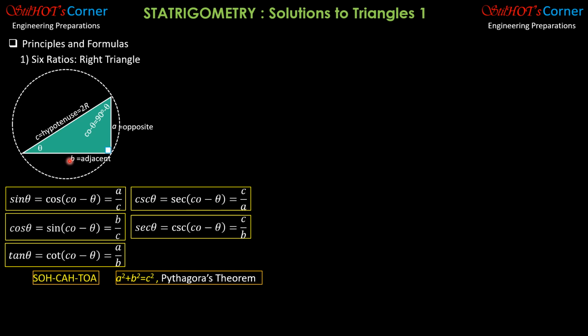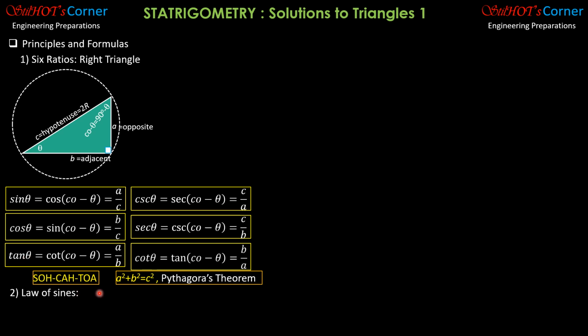It is adjacent over opposite, so it is also the tangent of the complement of theta, which is B over A. So just become familiar with this SOHCAHTOA, easy to remember, the Pythagorean theorem, and remember the reciprocal of sine theta, which is cosecant theta, the reciprocal of cosine, which is secant theta, and the reciprocal of tangent, which is cotangent of theta.